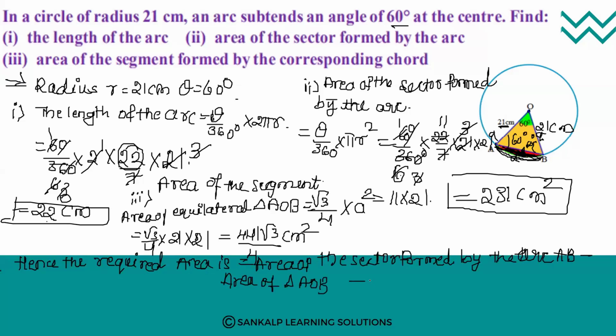Yes, so I will write here only. Area of the sector formed by the arc is 231, right? So 231 centimeter square minus the area of the equilateral triangle, which is 441 root 3 divided by 4. So this is the area of the segment, right? So this is the area of the segment, centimeter square.